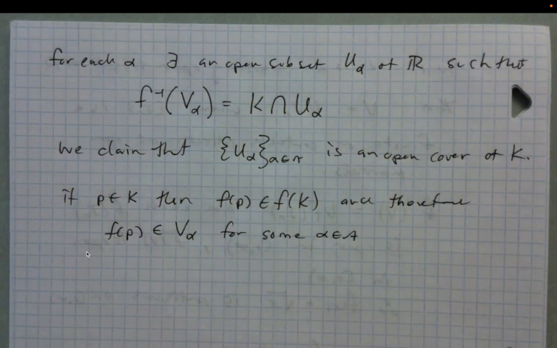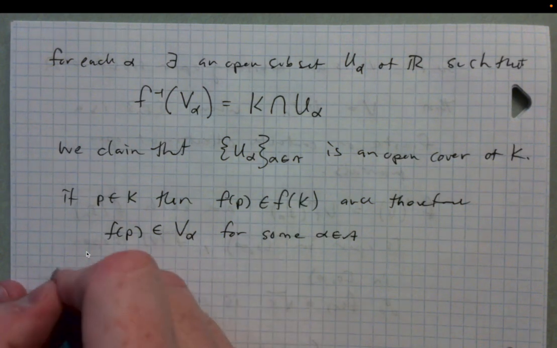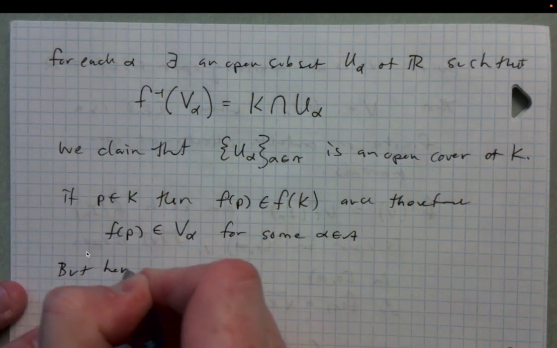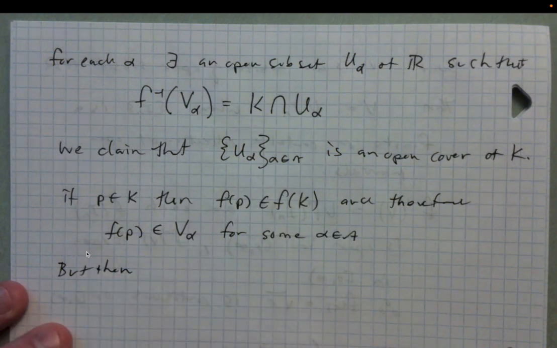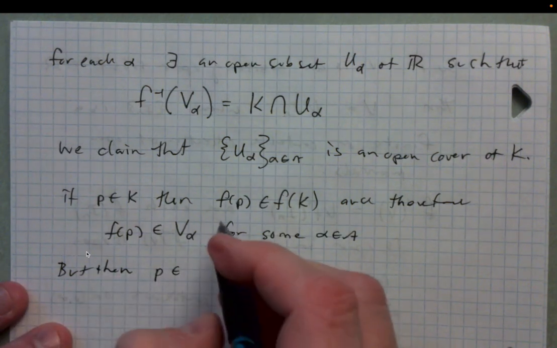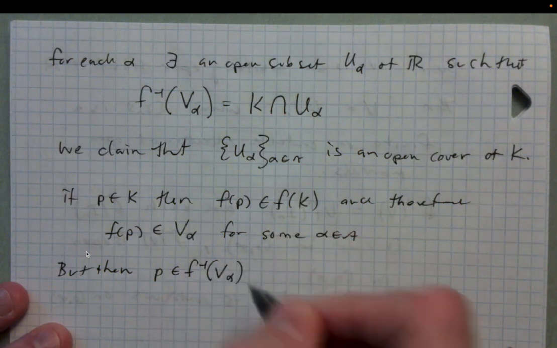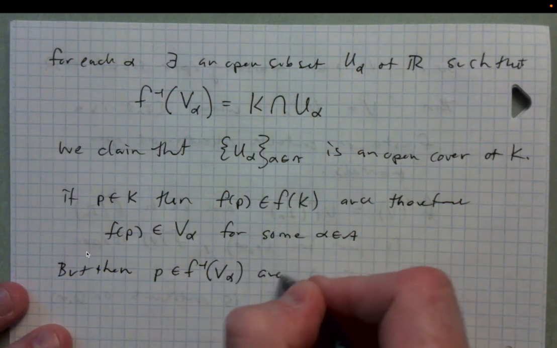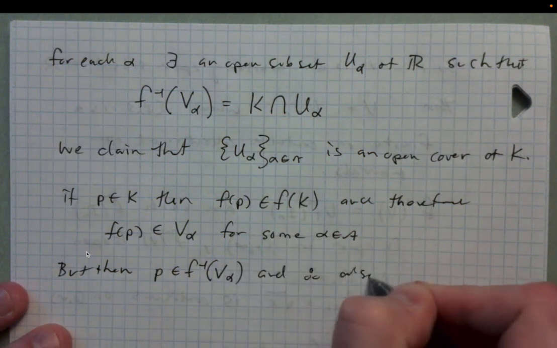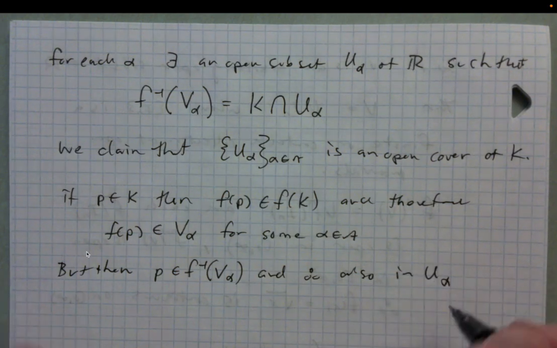And this implies that p must be in f inverse of V alpha, and therefore also in U alpha, right?